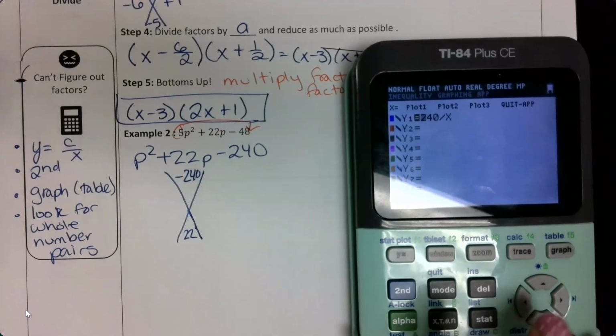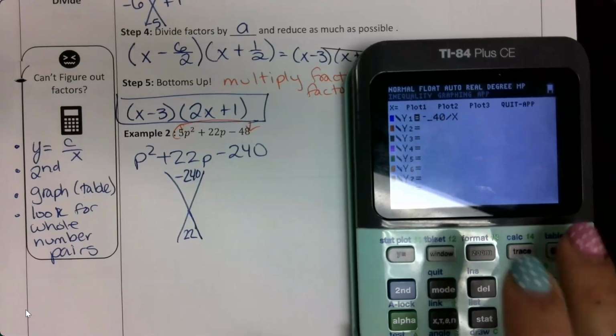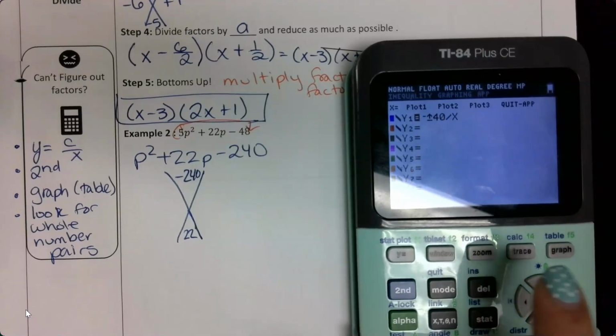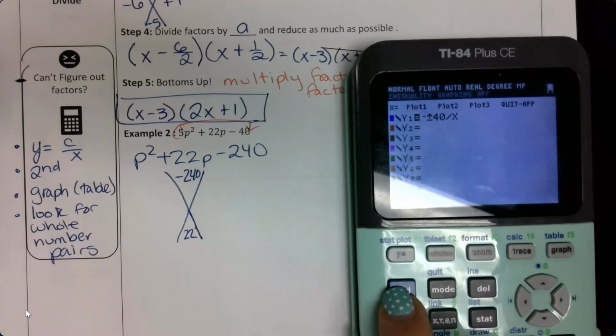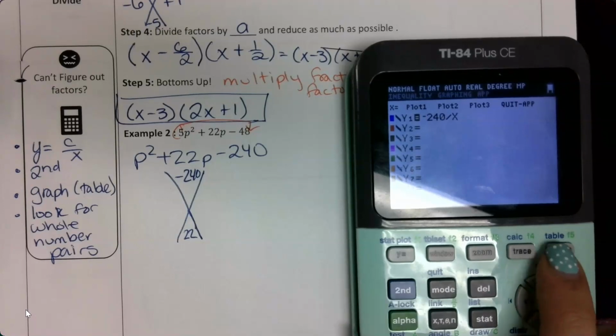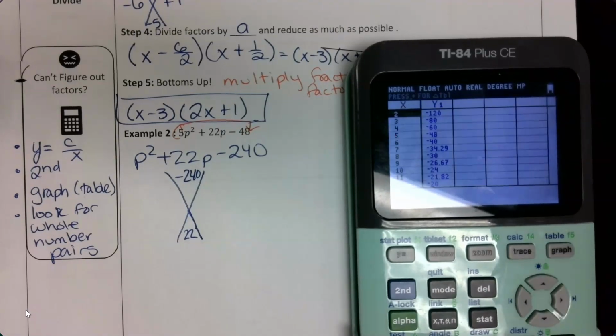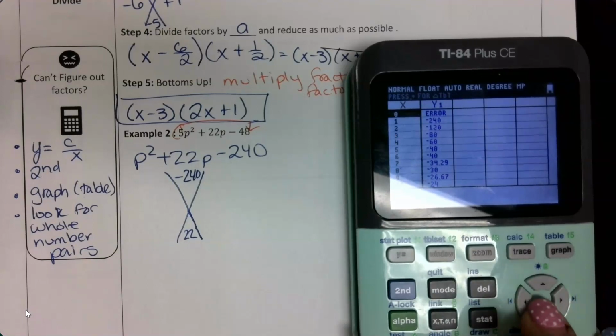Then if I go second, which is under the y equals button, and then graph, the top right button, it gives me this table of values, and I can scroll up and down. I want to find the pair of numbers where if I add them together, it will give me 22.